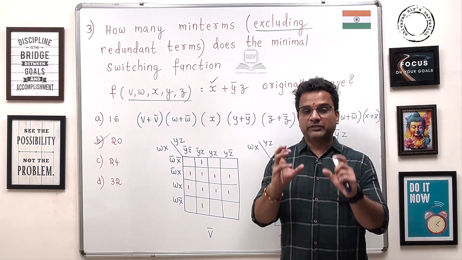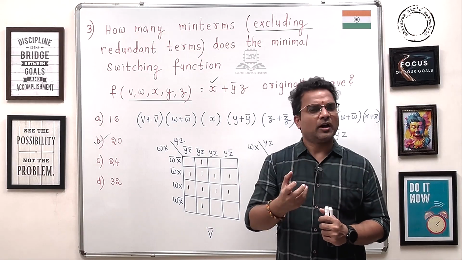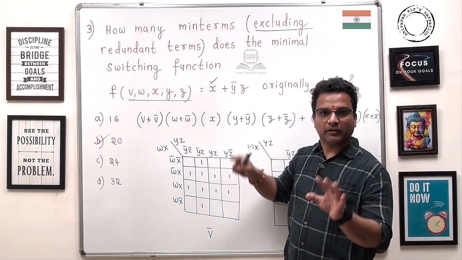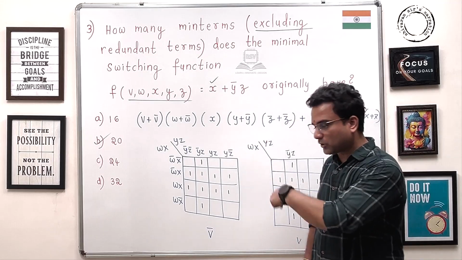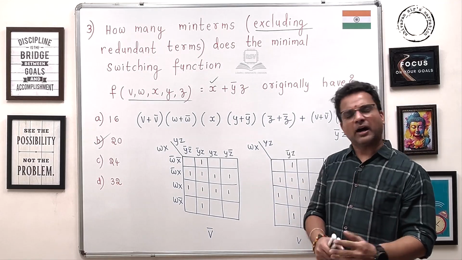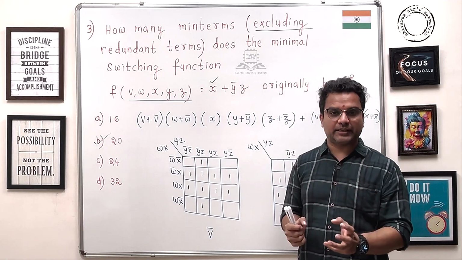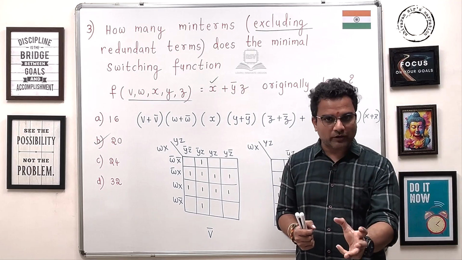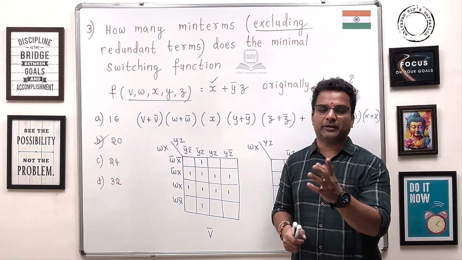However, if they say multiplexer, which is a universal logic circuit, or demultiplexer, and they ask you to implement this function, then you need to convert this minimal switching function into standard SOP or POS. So the standard SOP is needed if you want to implement the design using combinational circuits such as multiplexers and demultiplexers.